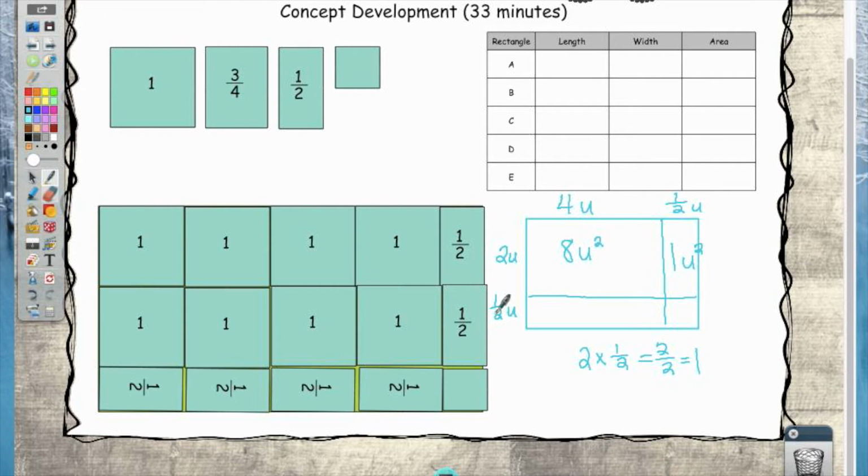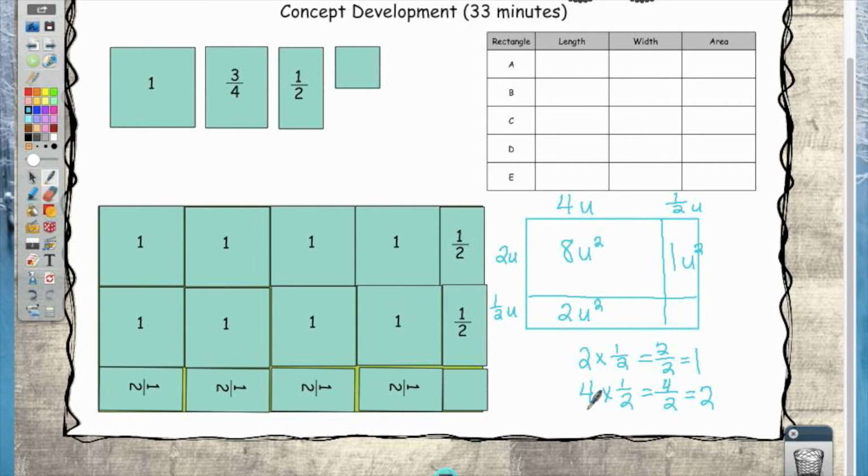Now 4 times 1/2, I think we just did that. That was 4 halves, wasn't it? What's 4 divided by 2? 2. So this is going to be 2 units squared, just this rectangle right here. That doesn't look like 2 units, does it? It is. And then this little one, we're going to go 1/2 times 1/2.